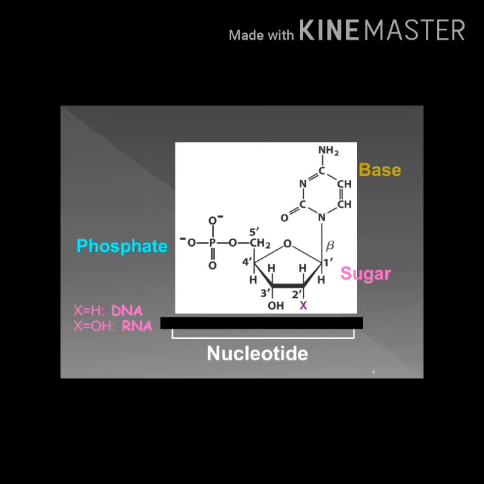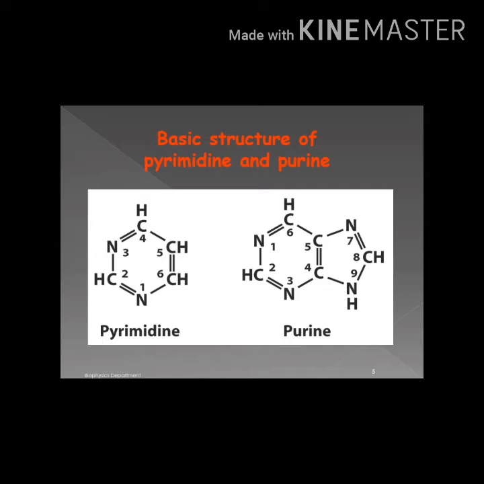So a base, sugar and phosphate combine together to form the basic unit of a DNA structure, that is a nucleotide.